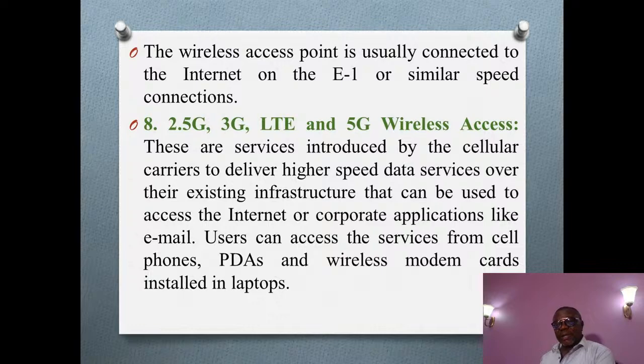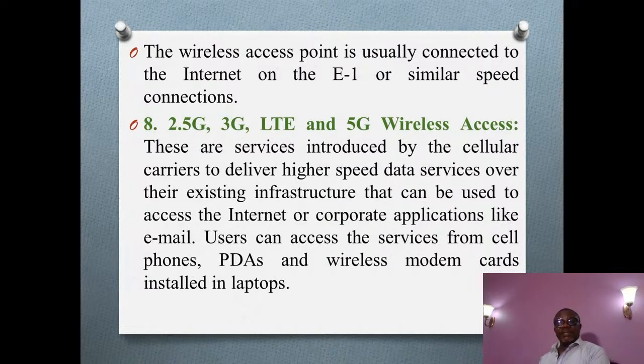So this wireless access point is usually connected to the internet on the E1 or similar speed connections. We have talked about E1, which is 2.048 Mbps. Then the other, which we call the broadband access, is the 2.5G, 3G, LTE, and 5G wireless access. Some people call this LTE the 4G. LTE stands for long-term evolution.